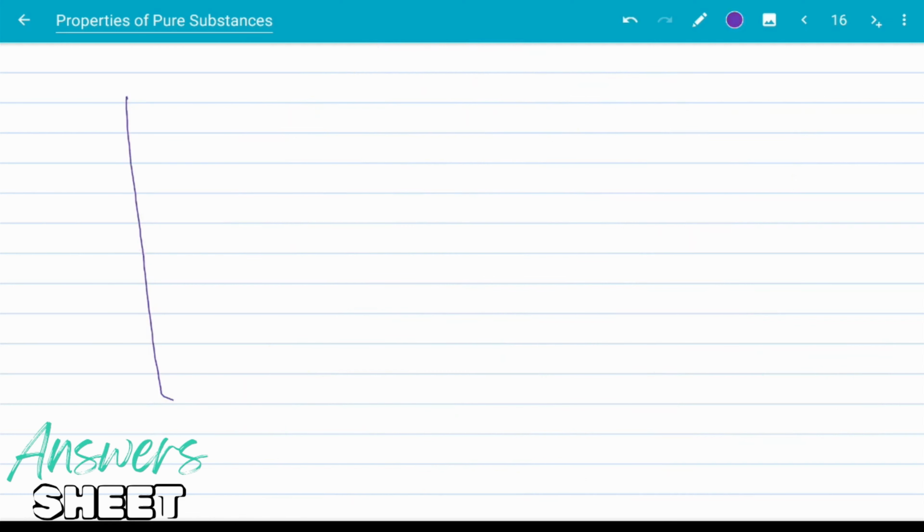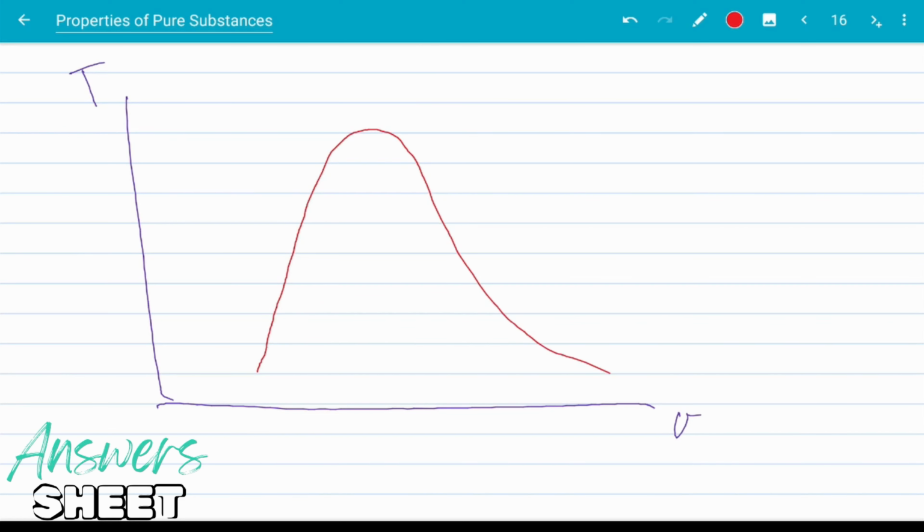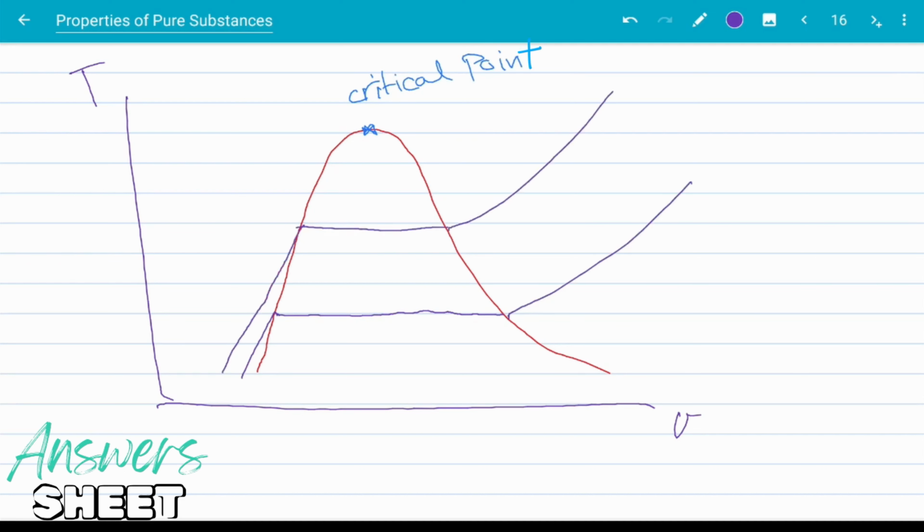So this is still our temperature versus specific volume diagram. And this is our dome. So up here is the critical point. These are constant pressure lines. So this side of the dome is called the compressed liquid side.